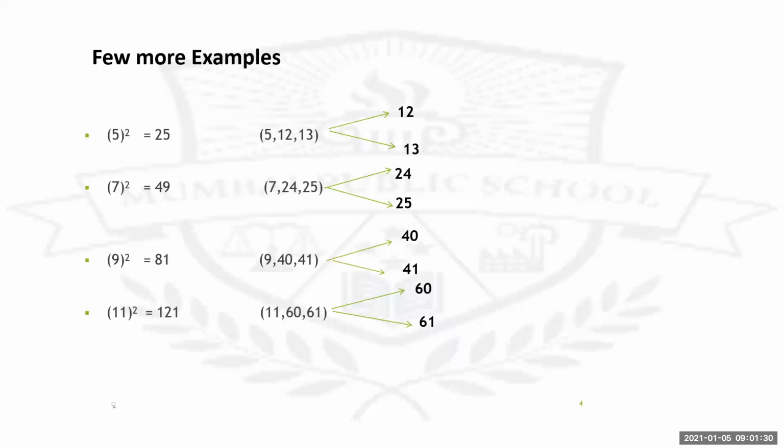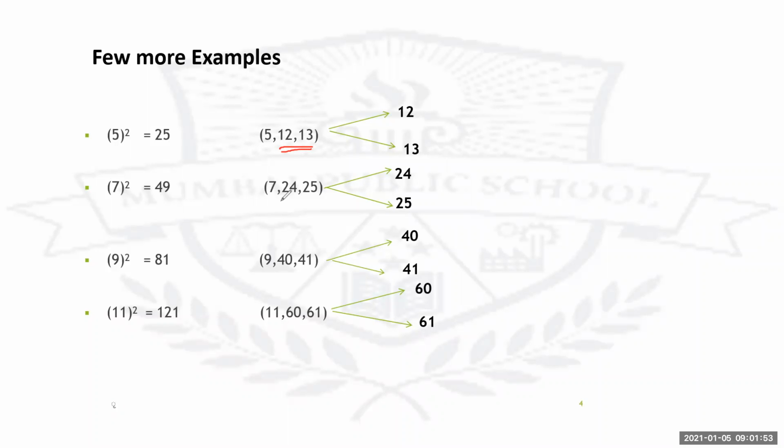So check. 5 square is 25. 7 square is 49. 9 square is 81. 11 square is 121. Now see what happens here when you're considering 5 square: it's 12, 13.